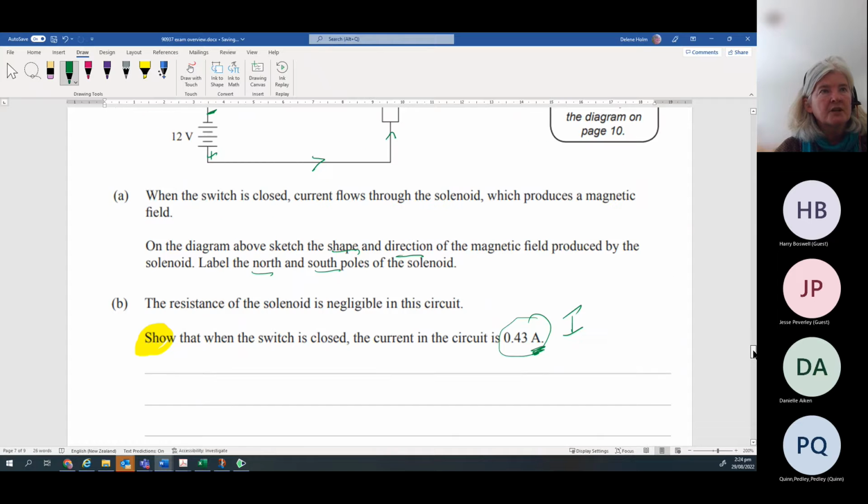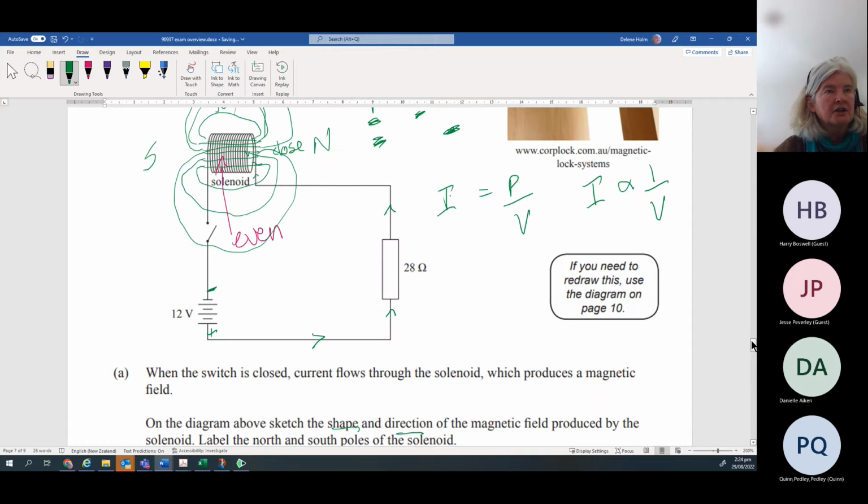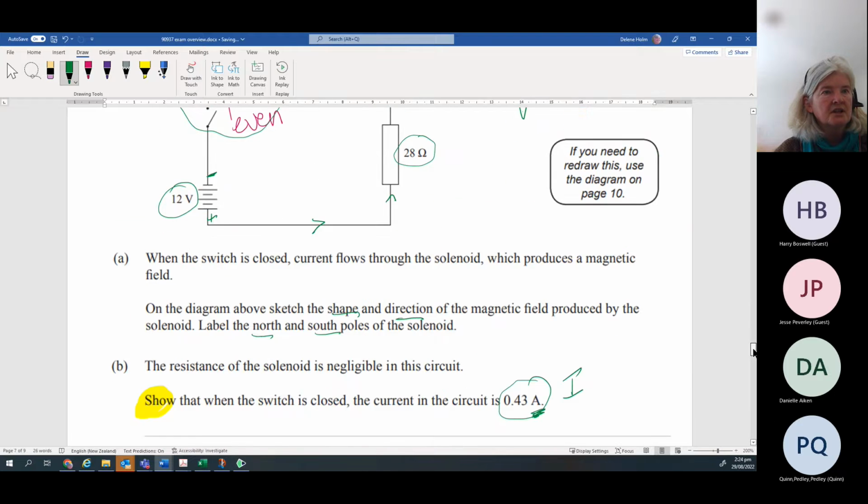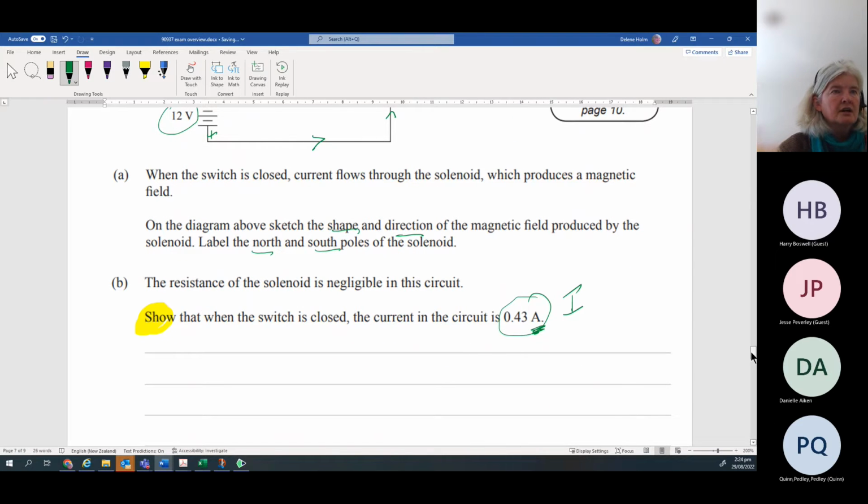And what else are we given? We are given that it's 12 volts that's being supplied in total. And we've got also a resistance there. So what we just need to do is think of what we've given.